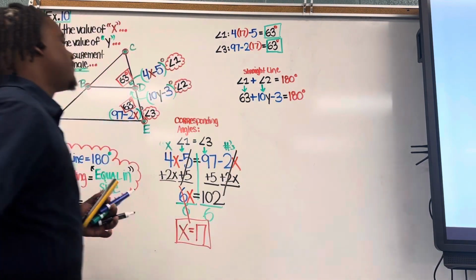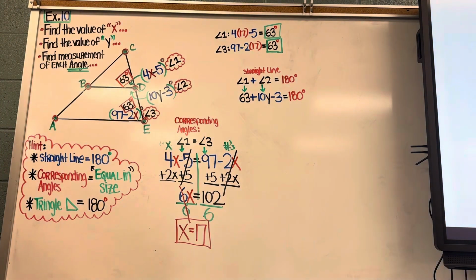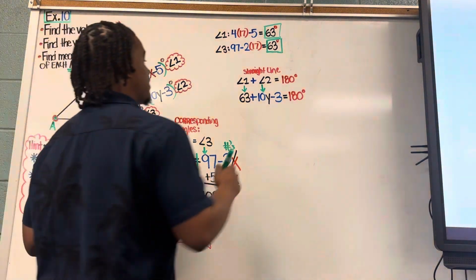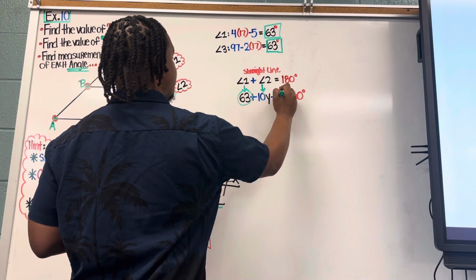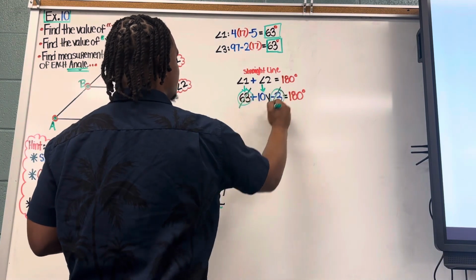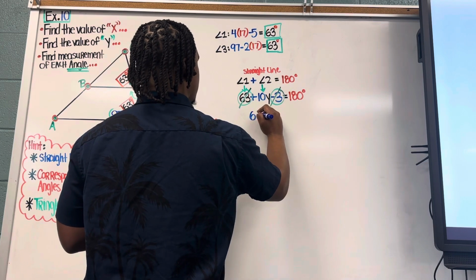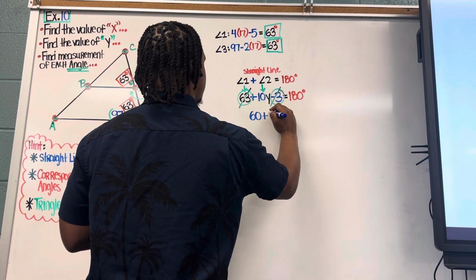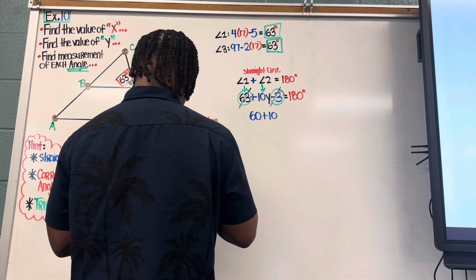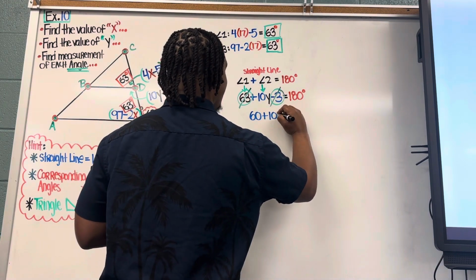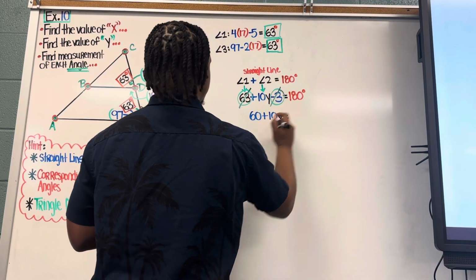We're going to solve for y. We can combine like terms: 63 and negative 3. 63 minus 3 equals 60. So now I can rewrite this as 60 plus 10y equals 180.